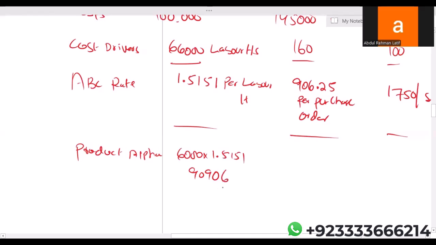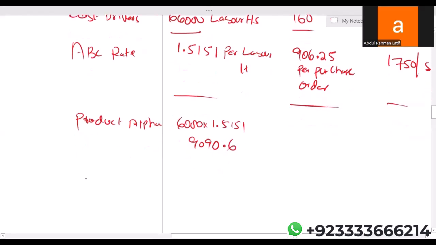So we are getting 9090.6. So 6,000 into 1.5151 gives 9090.6. This is for alpha.